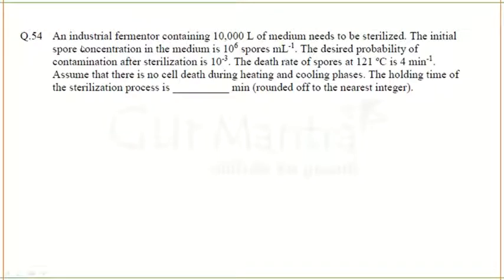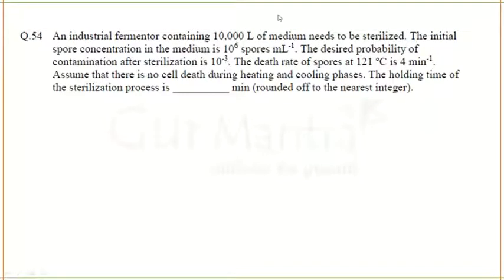Next question. An industrial fermenter contains 10,000 liters of medium that needs to be sterilized. The initial spore concentration in the medium is 10 power 6 per ml. The desired probability of contamination after sterilization is 10 power minus 3.